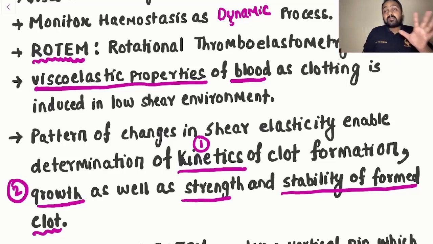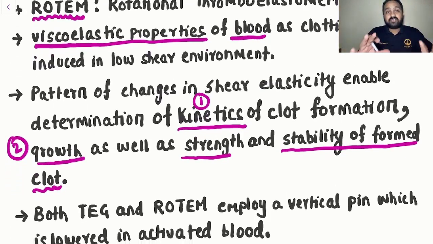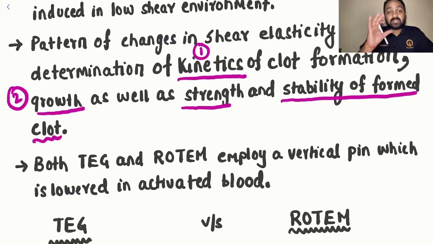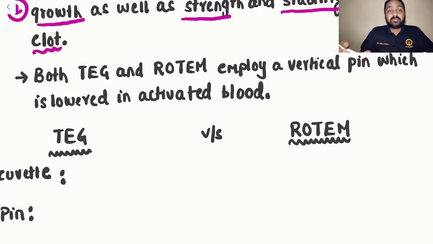Now, the basic difference between ROTEM and TEG, we won't be going into the differences a lot, but the main difference is that they both employ a vertical pin which is lowered into activated blood.